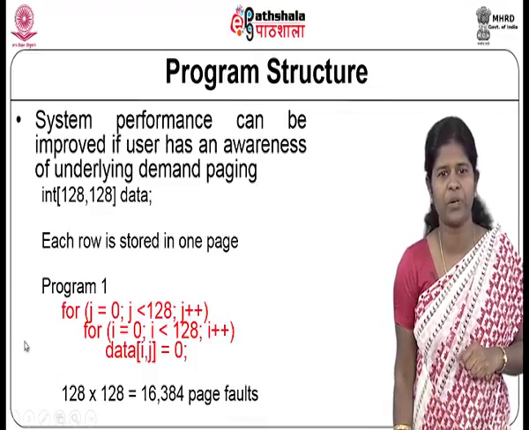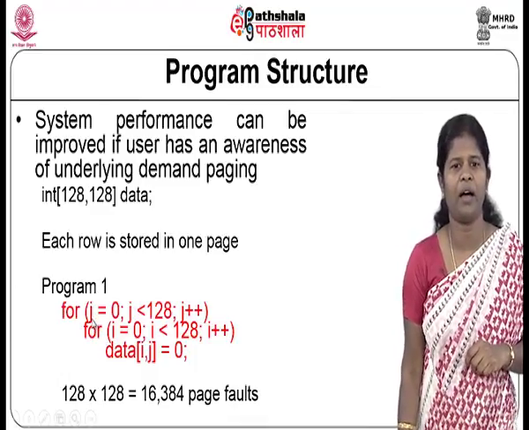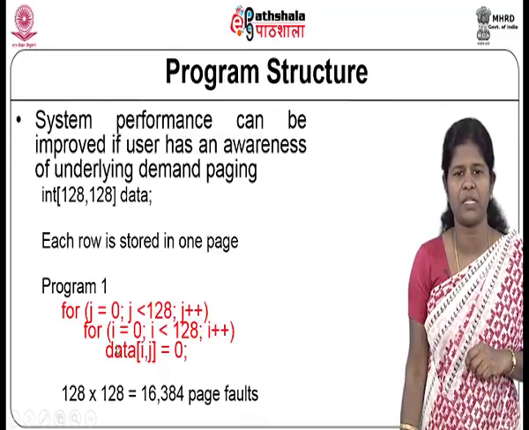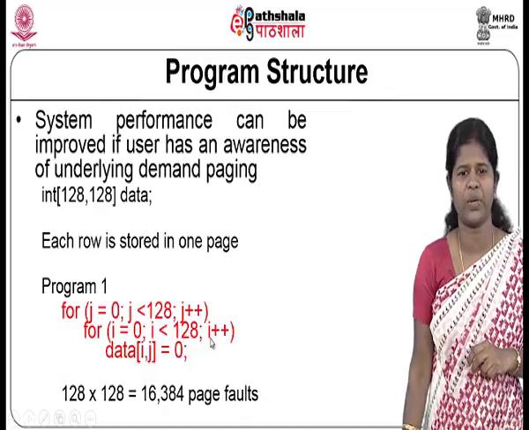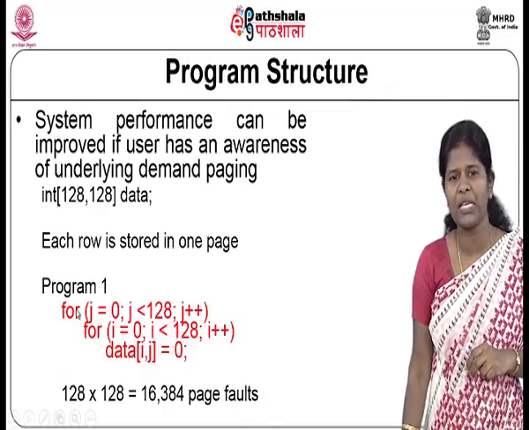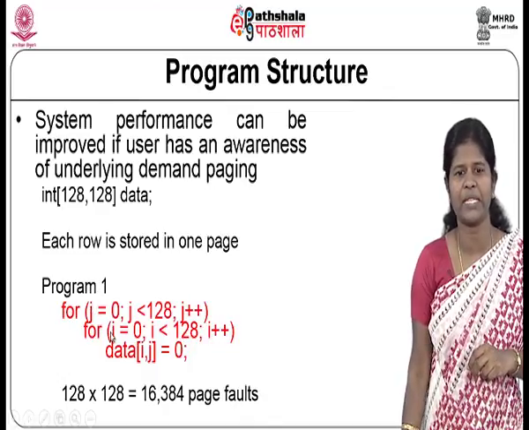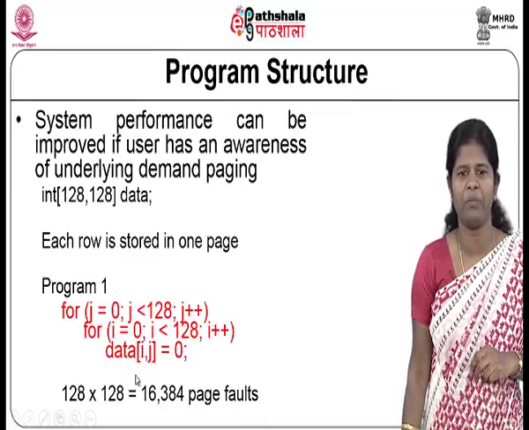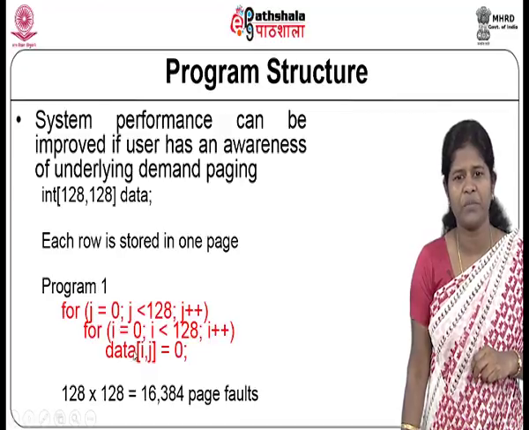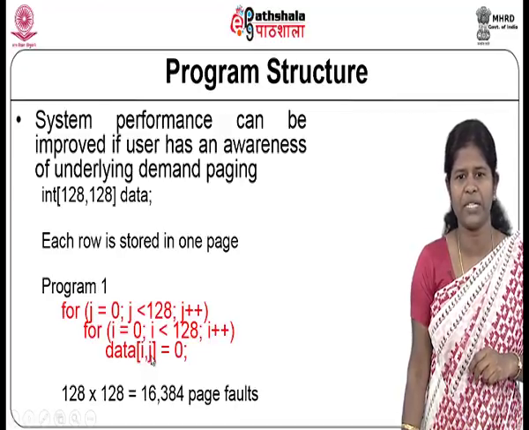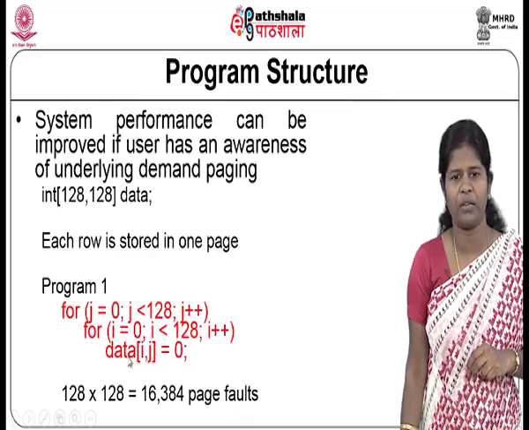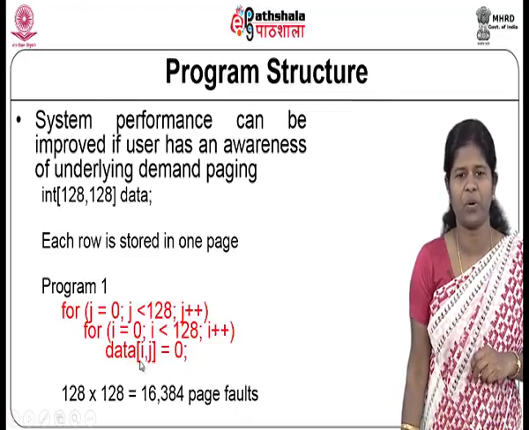Now, if you write a program like this, where say for j equal to 0, j less than 128, j plus plus, for i equal to 0, i less than 128, i plus plus, the outer loop has the j index and the inner loop has the i index. So the first element referred to here will be data of 0 comma 0, then j will be 0, i will be 1, so data of 1 comma 0, and so on.